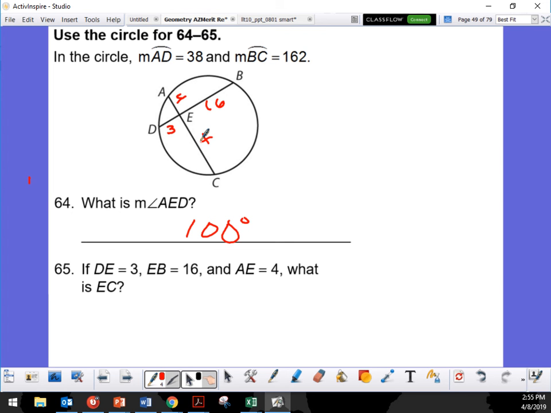You have to set it up. This is going to be a cross product here. So I'm going to start like this. I'm going to say 4 over 3 equals 16 over x.